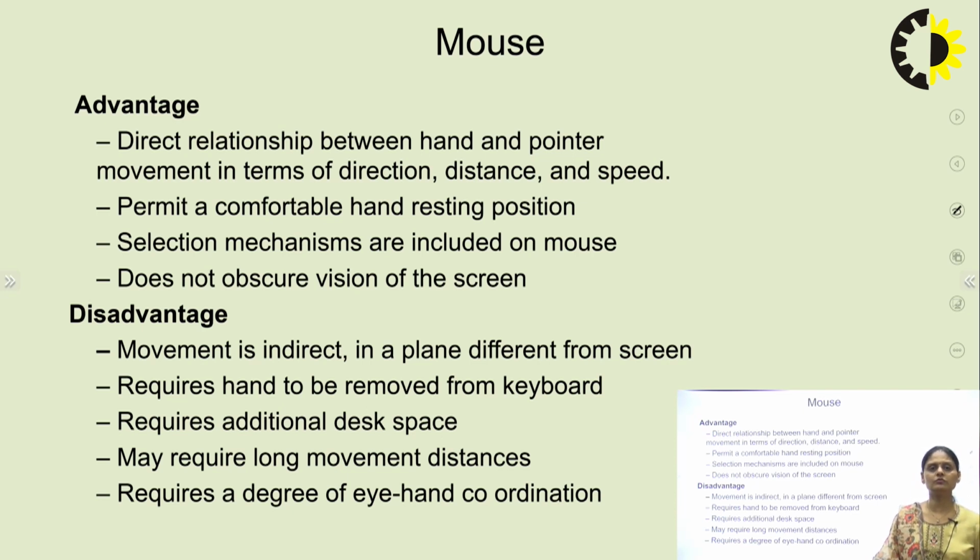For them the mouse is a slower medium and the keyboard is much faster. So they love to work with the keyboard only instead of using the mouse. It requires additional space. We all know this. The mouse takes additional space so that we can scroll and use it. It may require long movement distances and requires a degree of eye-hand coordination.